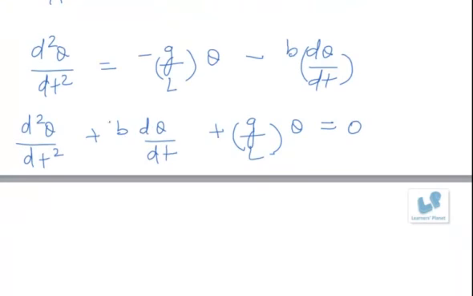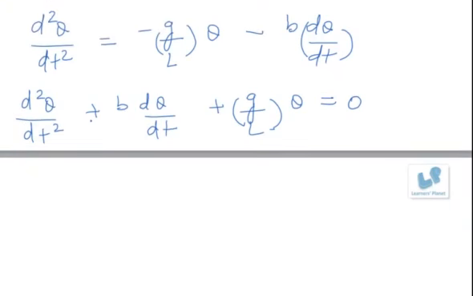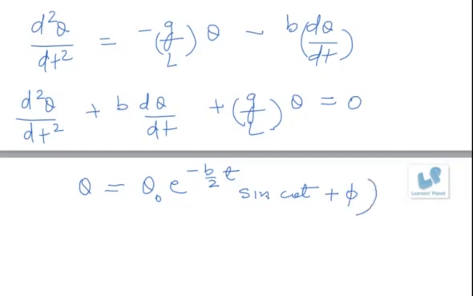Now this differential equation is of a special kind wherein the solution of theta is given by theta naught e to the power minus b by 2 t sine of omega t plus phi.